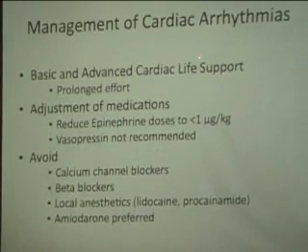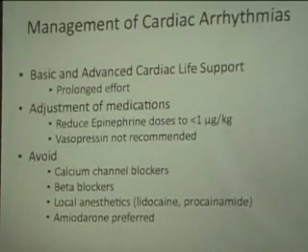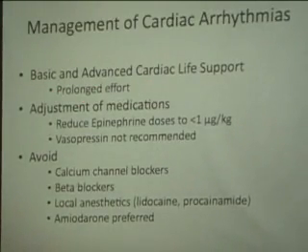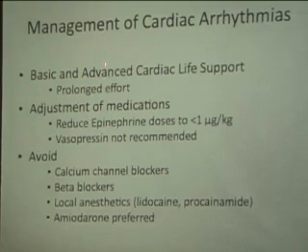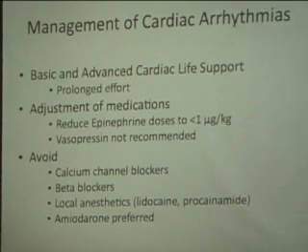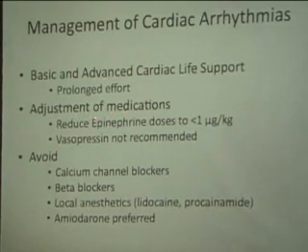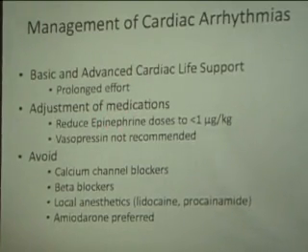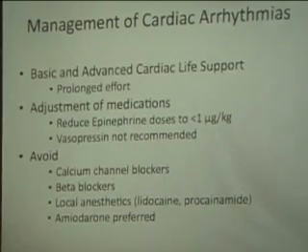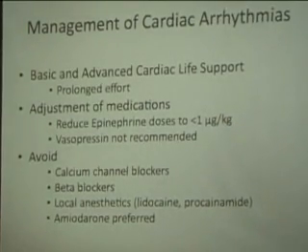For management of cardiac arrhythmias, you start with your basic and advanced cardiac life support. You might have to do a prolonged resuscitation in these patients. While you're managing the cardiac problems, you should remember that when you use epinephrine for your ACLS protocol, you should reduce the dose that you use.